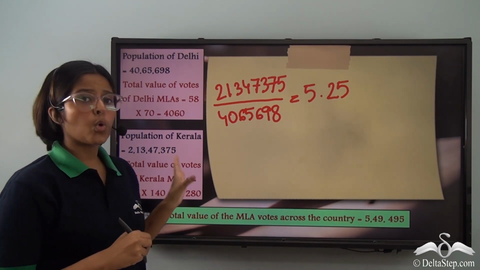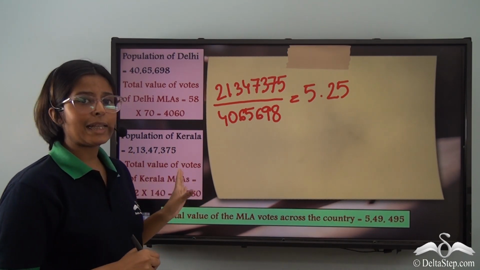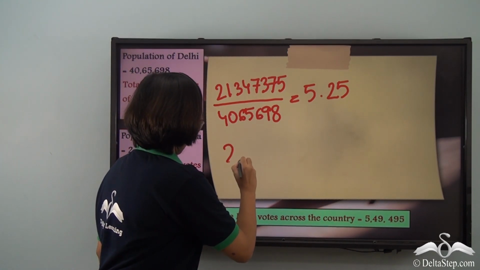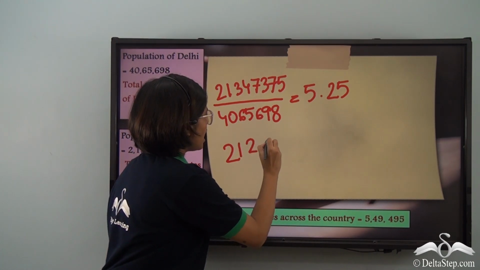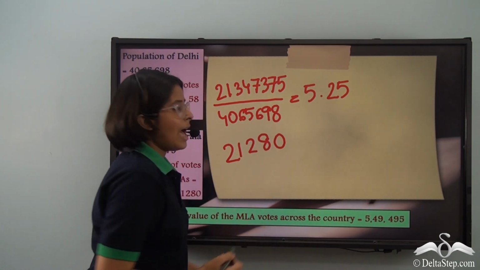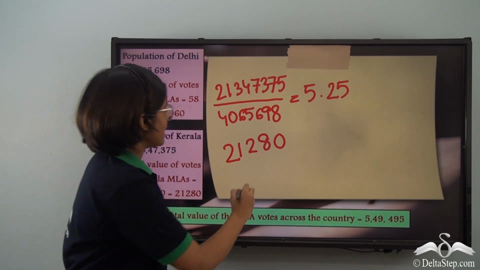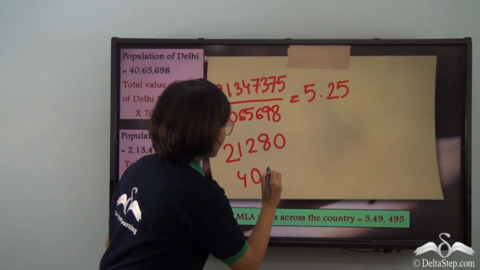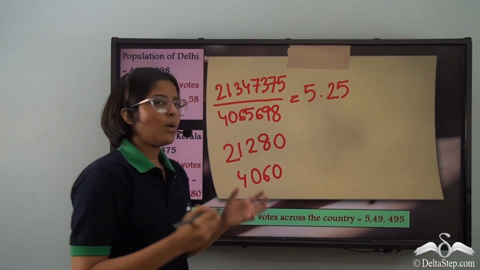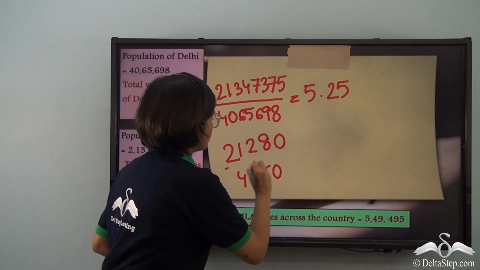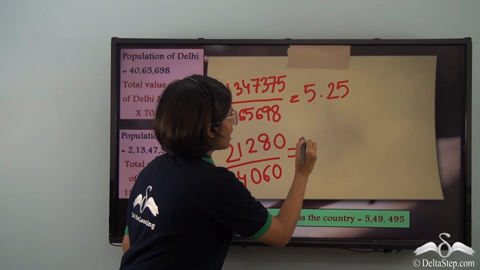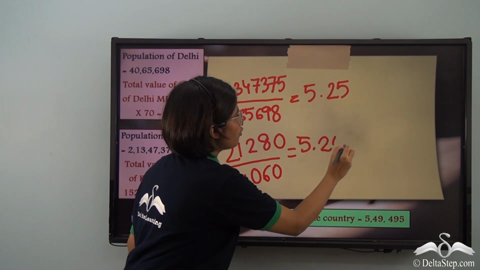Similarly, we see that the total value of votes of Kerala MLAs is 21,280 and the total value of votes of all Delhi MLAs is 4,060. Now again, if we divide these two, we get 5.24.